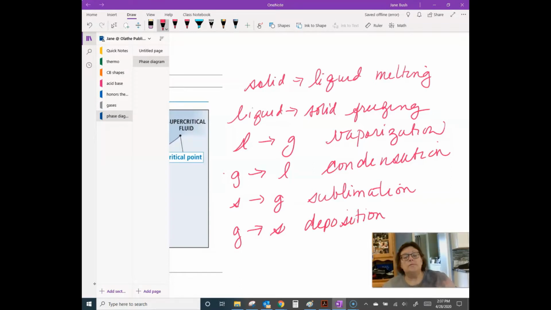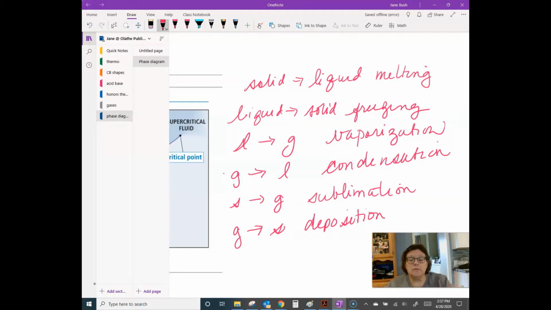The example of that last one would be when you come out in the morning and you find frost on your car. It's a cold morning, but it's still fairly humid, and you get frost on your car. It probably did not become a liquid and then become a solid. It went directly from a gas to a solid. So that's deposition.